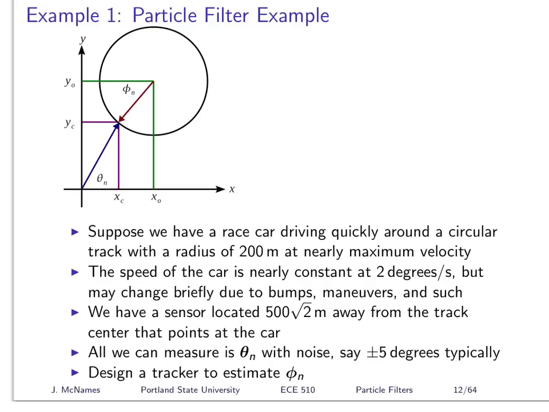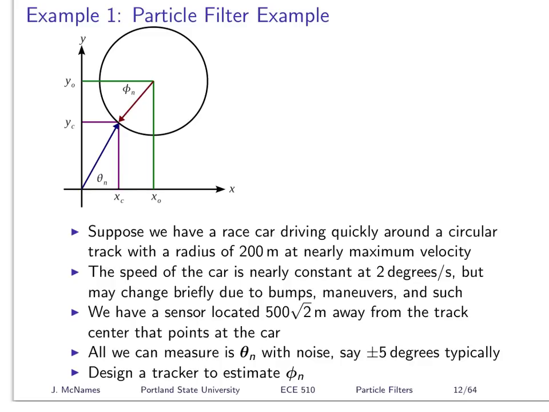So we've got theta n, but of course theta n is noisy. We don't know it perfectly. We know what theta n is with some noise. I know what the diameter of the racetrack is, and I know where I'm located relative to the center of the circular racetrack.